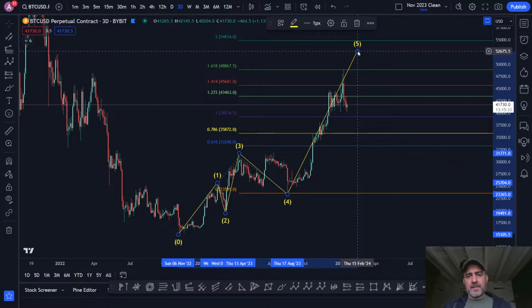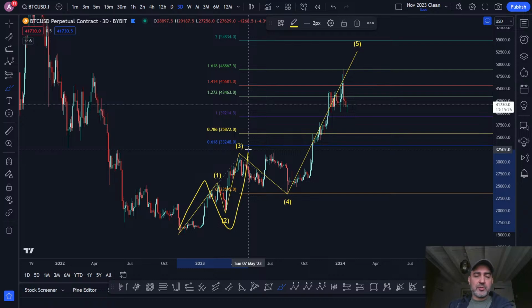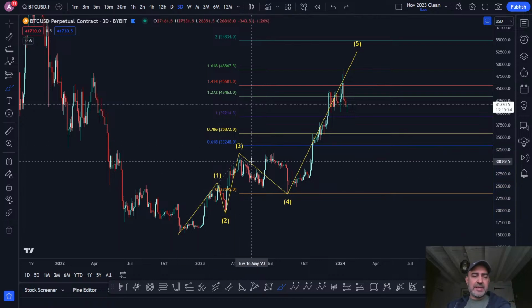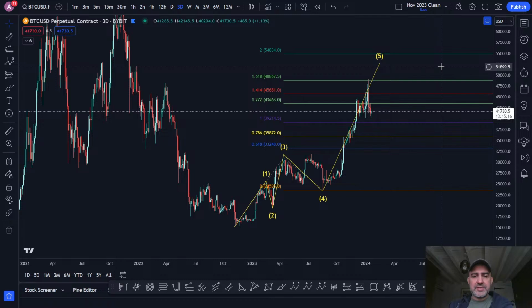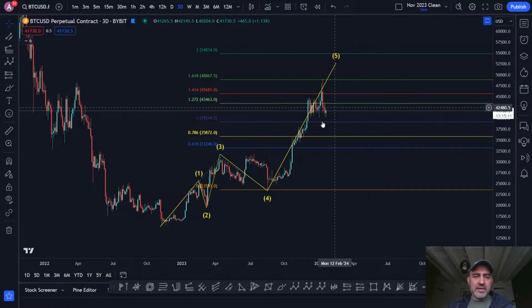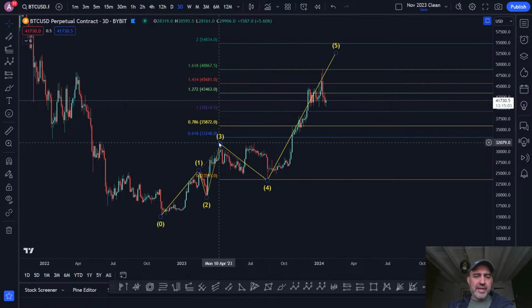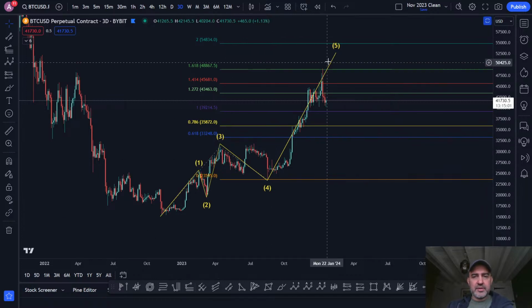He was saying that because the 1 and 3 were not expansive, the 5 should be expansive, because at least one of the waves should be expansive. So if you don't see the expansion in the 1 or the 3, then you're expecting the 5 to be expansive. And the way he would do a trend-based fib extension is from the 0 to the 3 to the 4, which is what I've done, and that will bring it all the way to the 1.618.